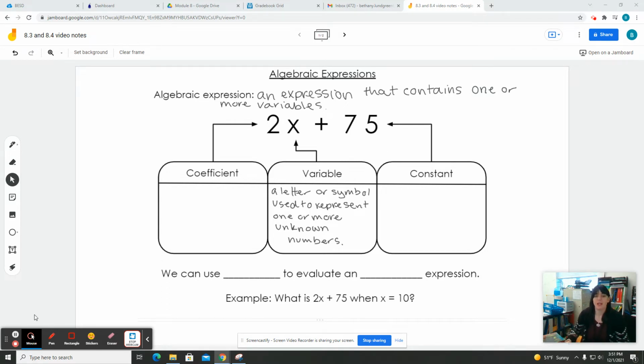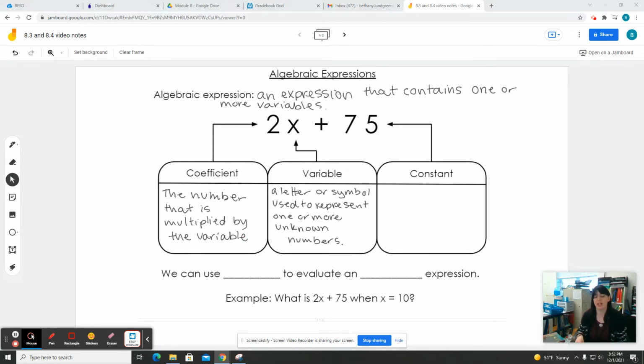All right, so our coefficient is the number in front of the variable. That's what we call that number. The definition of a coefficient is it is the number that is multiplied by the variable.